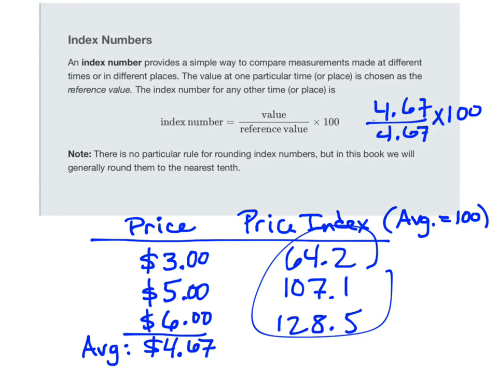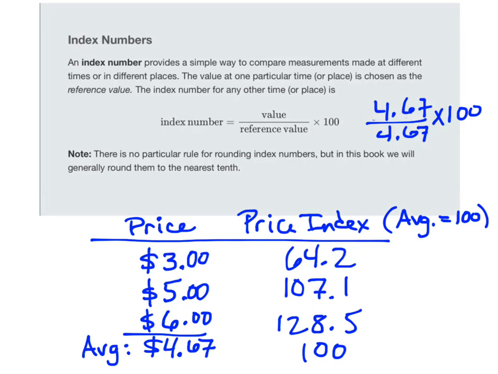That's an observation about indexes in general. These percents are actually percents of, rather than percents more than or less than. If you think back to the section where we talked about of versus more than or less than, then percents of indicates a multiplication, whereas more than or less than would indicate addition or subtraction. So when you see the number 100 in the price index, that means that the corresponding price is 100% of the reference value.